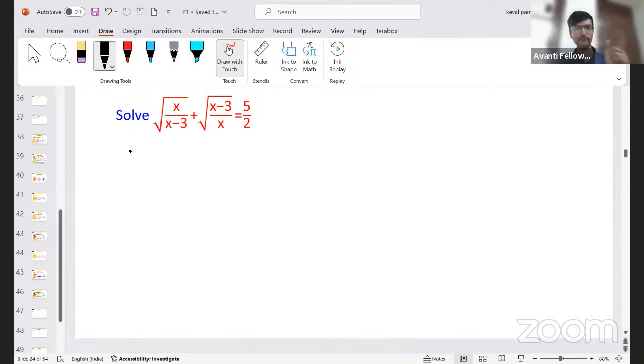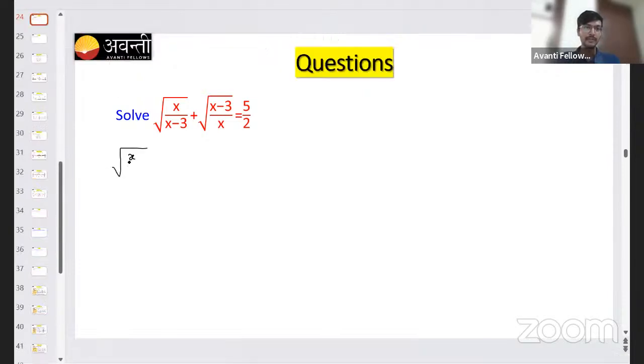Obviously by looking at it you will not see that it is a quadratic equation, but we can make it a quadratic equation. How? Let us substitute under root of x upon x minus 3 as t. So the equation will become t plus 1 by t equals 5 by 2.